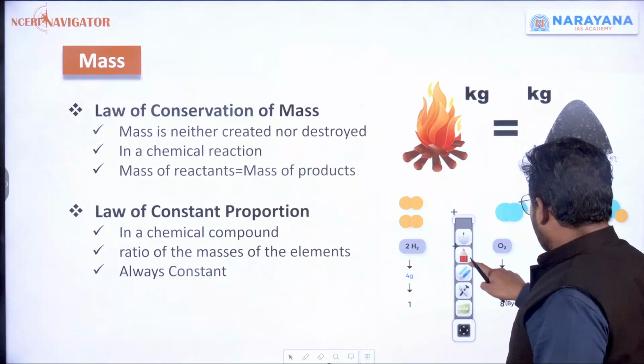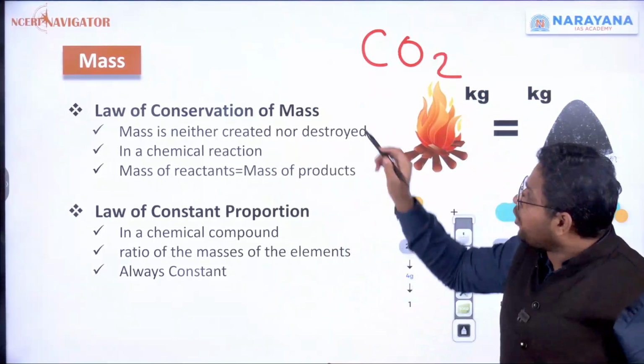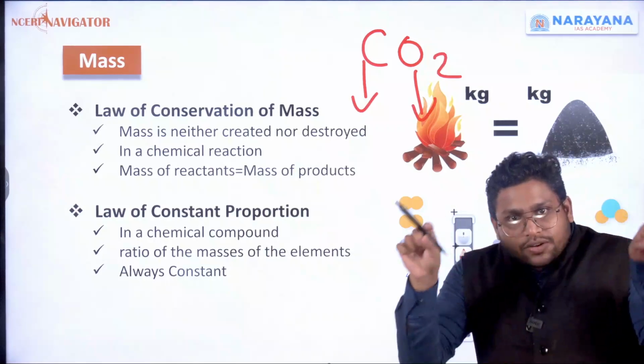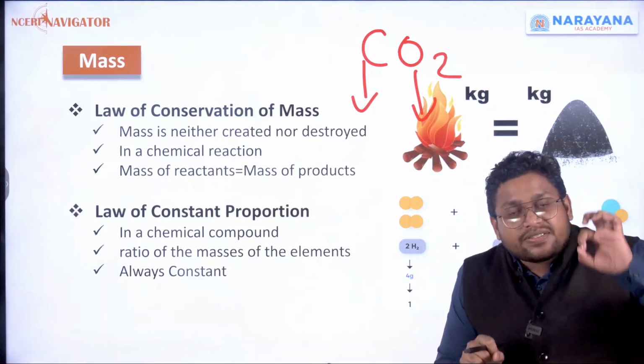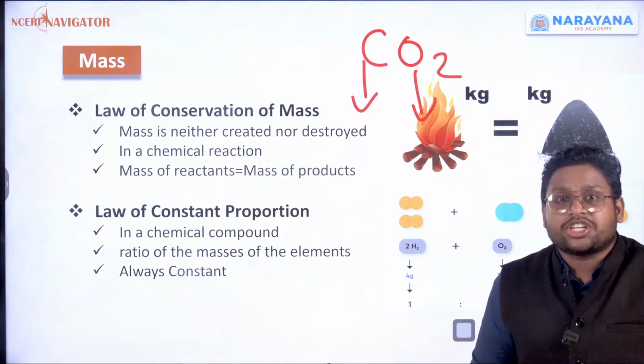Now if you have not understood H2O, you can look at CO2. Whatever is the mass of carbon, whatever is the mass of oxygen, and whatever is their ratio, this will always remain constant. That combination will not change.